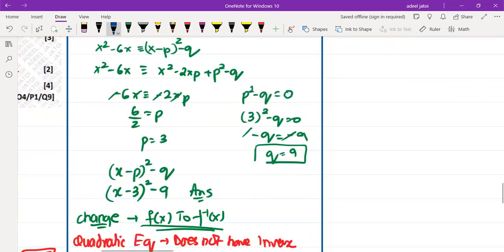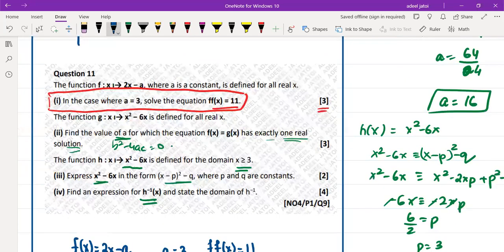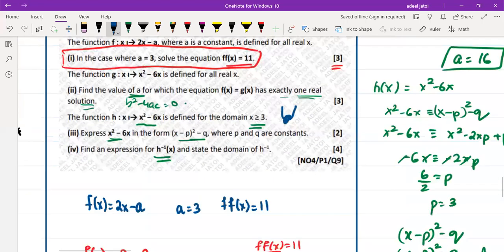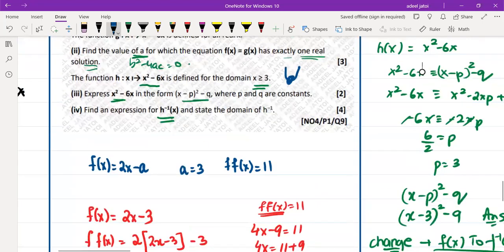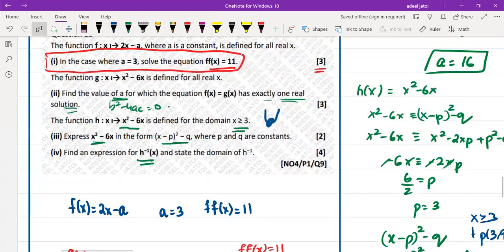So when you look at the question, it says that it is a U-shaped curve, and you see that the turning point is given, because from the point where we found out that this is 3 and this is 9, your turning point is 3, 9. And the question clearly says x is greater than or equal to 3.